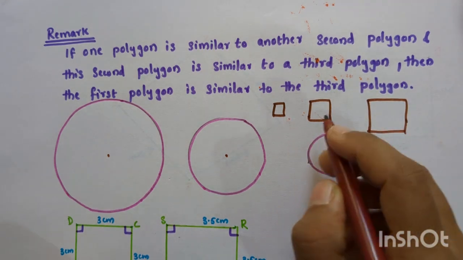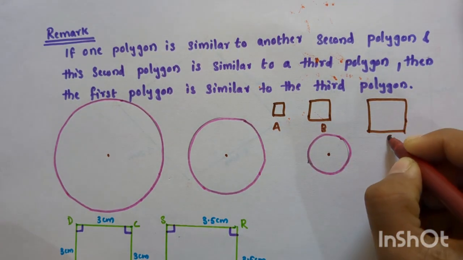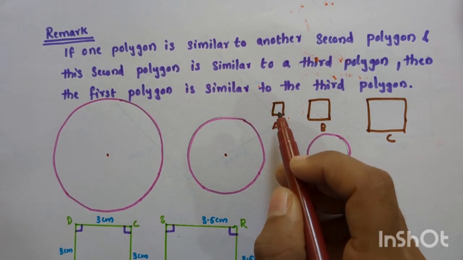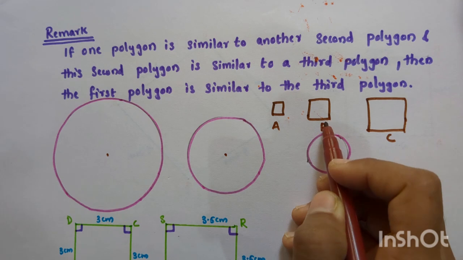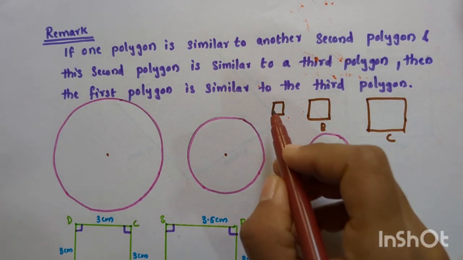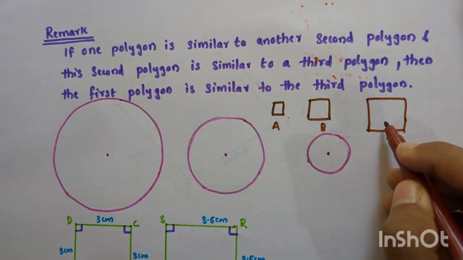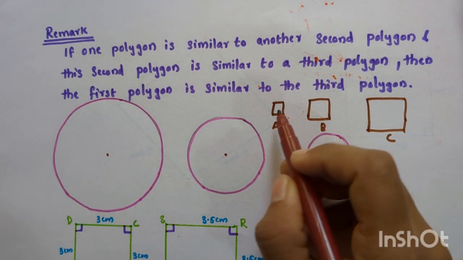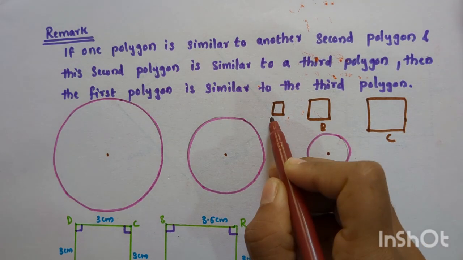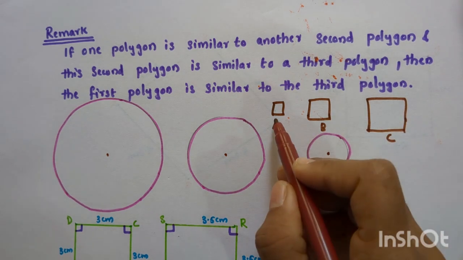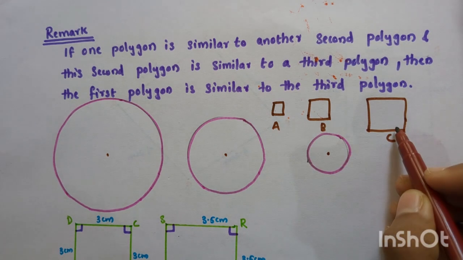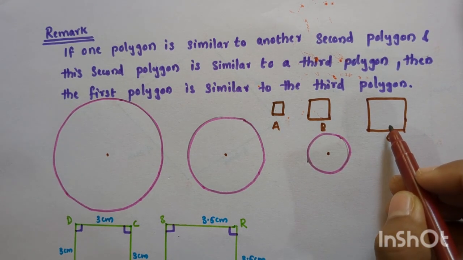I am naming them A, B and C. If the first polygon, that is the first square, is similar to the second polygon, that is if A and B are similar and if B and C are similar, then A and C will also be similar. That is, if A and B are similar figures and B and C are similar figures, then A and C will be similar.